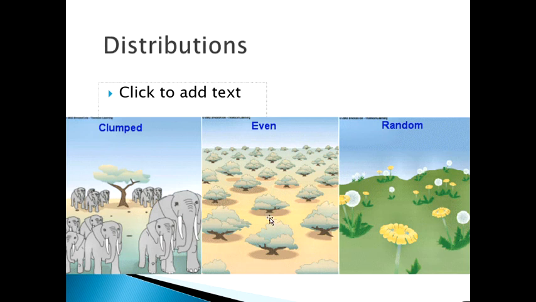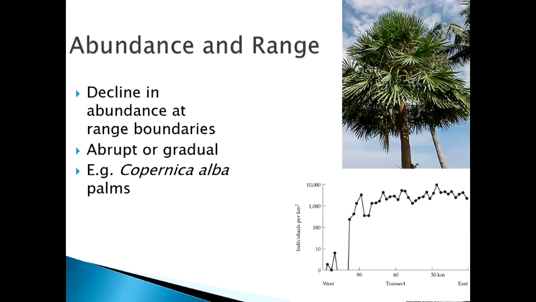Just to look at a different cartoon of these things, clumped distributions, well, here are different populations of elephants in Africa. An even distribution, this is very rare in nature. It's usually something like a planted orchard, or random. And in fact, a lot of things obey a random distribution, like these dandelion plants in my front yard.